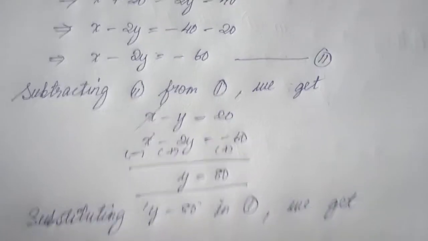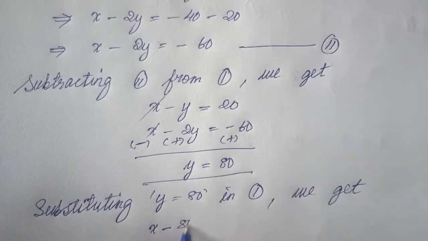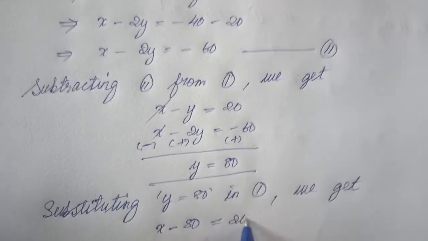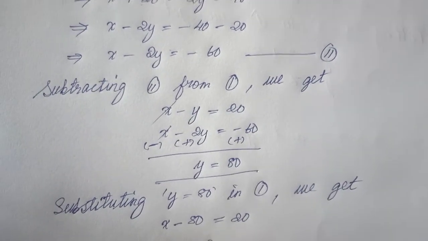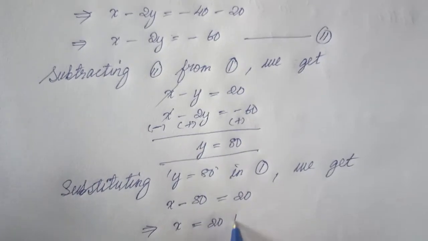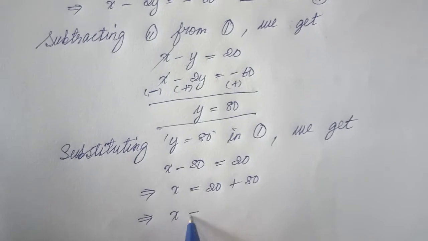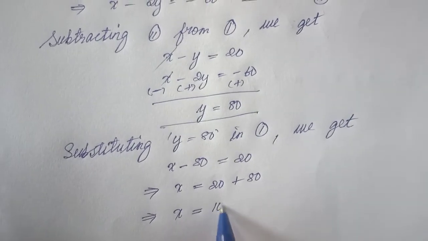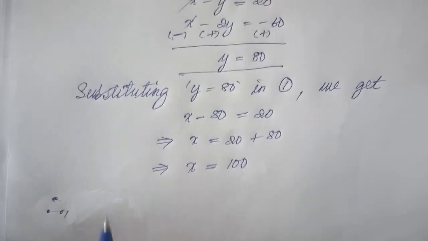So x minus 80 equals 20. If I move minus 80 to the right hand side, it becomes plus 80, that means that the number of students in room 1 is 100.